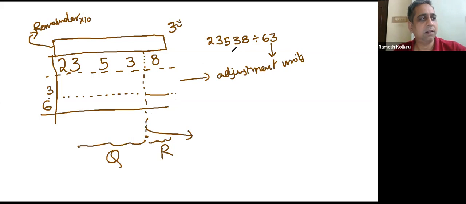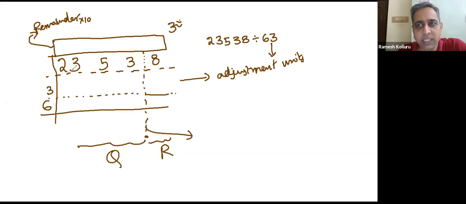In this, we are going to write in this fashion: 23538 divided by 63. Because we take the units digit as a flag digit, one digit before it we draw a dotted line that demarcates our quotient and remainder.